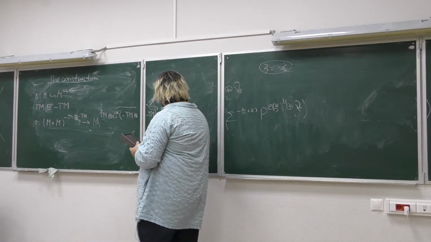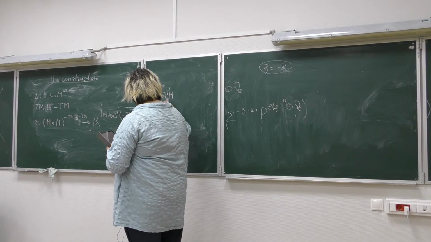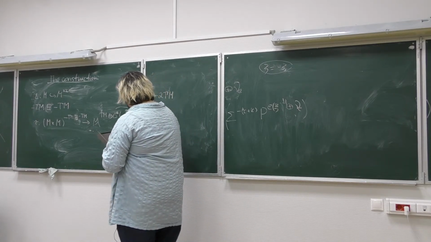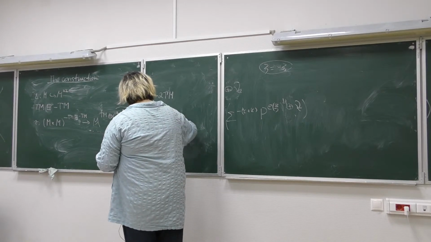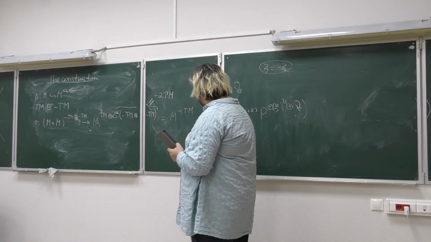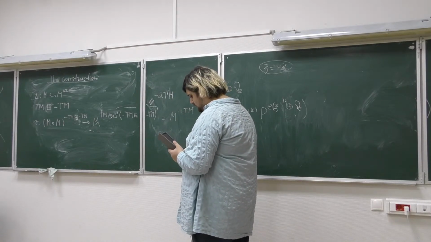Okay, so the pullback of this bundle is minus 2TM. And after simplifying this thing here, we just get M to the power of minus TM. And that suggests the construction.